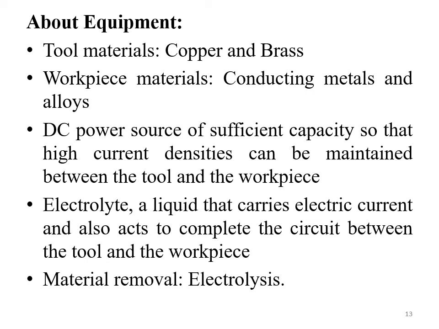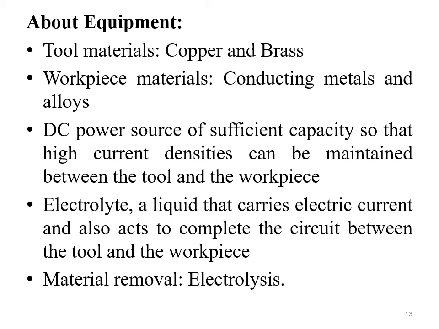For workpiece materials, generally only conducting metals and alloys can be used, because here the metal ions need to conduct electricity, and only then is it possible for them to get separated from the workpiece. The metal ions get separated from the workpiece only if it is connected in this electrical circuit, or else it is not possible. Here the metal ions get separated from the workpiece because of the chemical reaction, that is due to electrolysis.